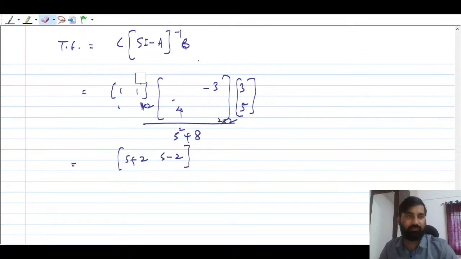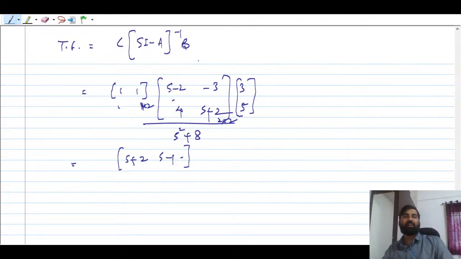It should be s minus 2 and this is s plus 2. So please make sure you don't make mistakes in calculation. If you multiply, it is s minus 2 plus 4, that is s plus 2, and here if you multiply, minus 3 plus s plus 2, so you will get s minus 1.